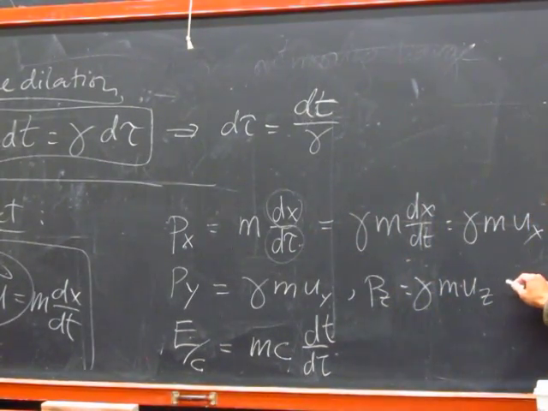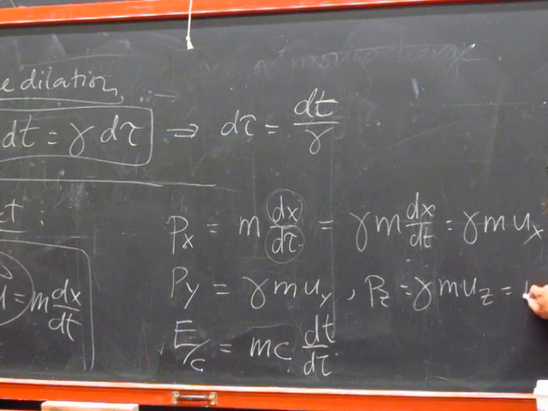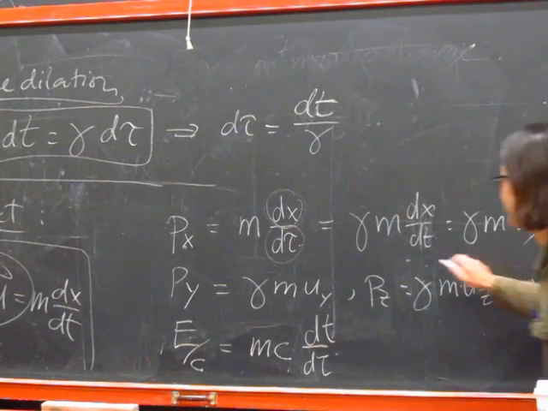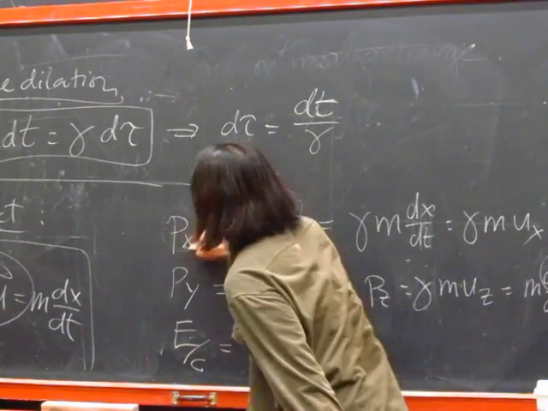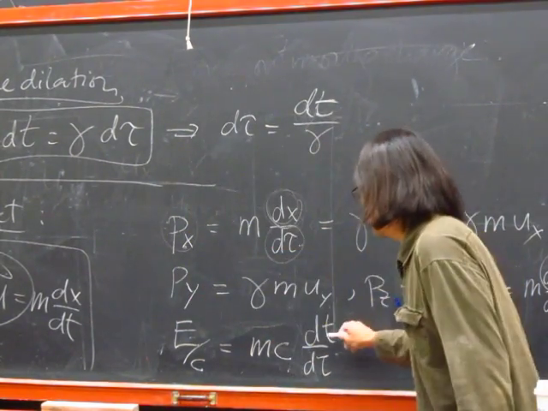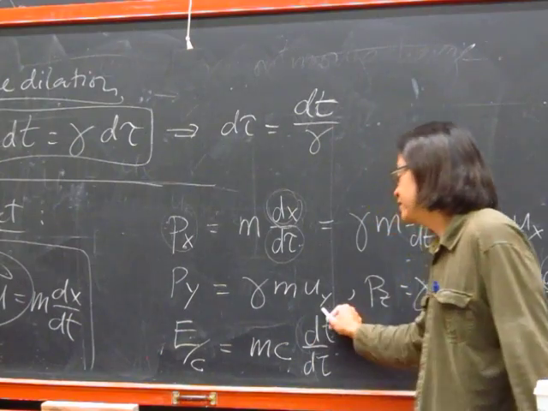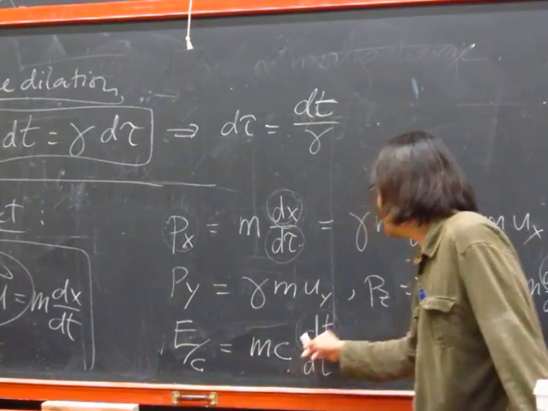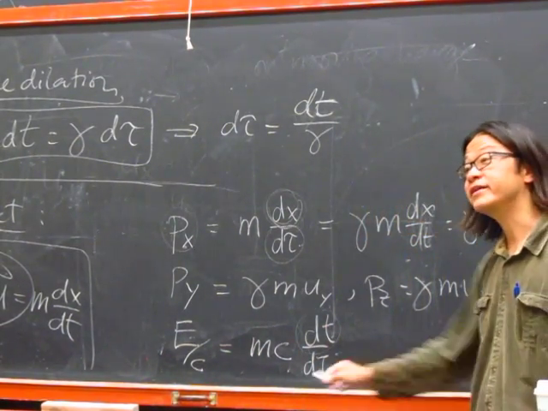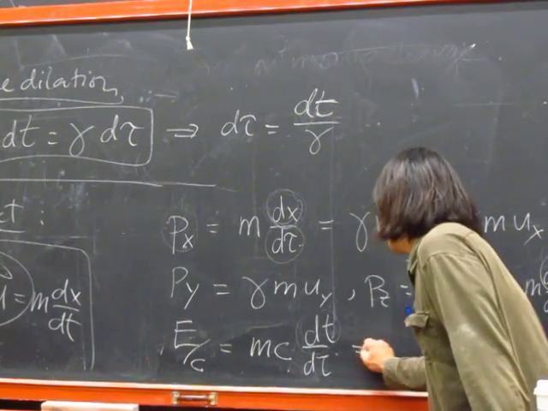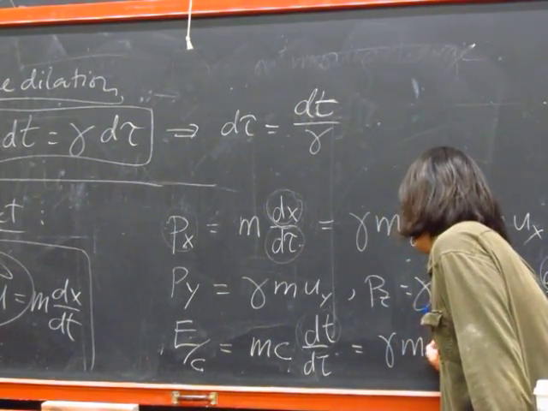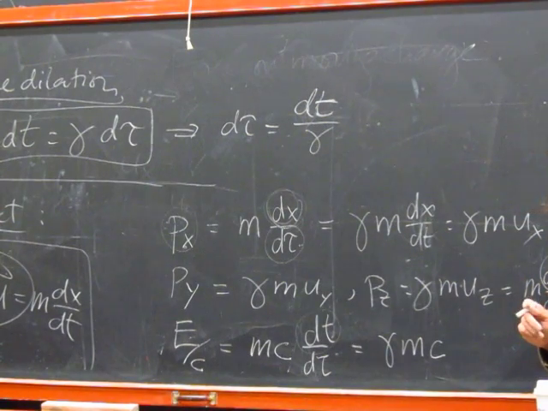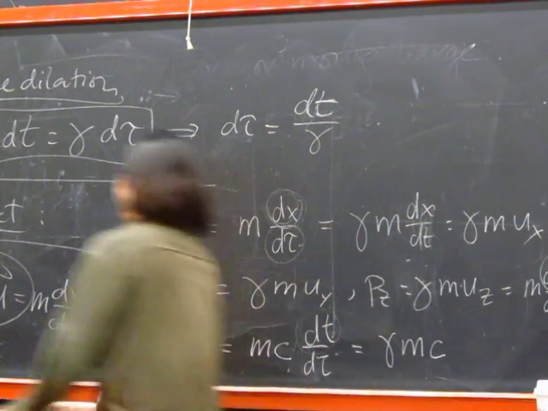This is m dz/d tau, right? So this acts like a Lorentz vector. So I want an object that looks like t, right? So I have mc dt/d tau, and d tau is invariant. So this becomes gamma m c.